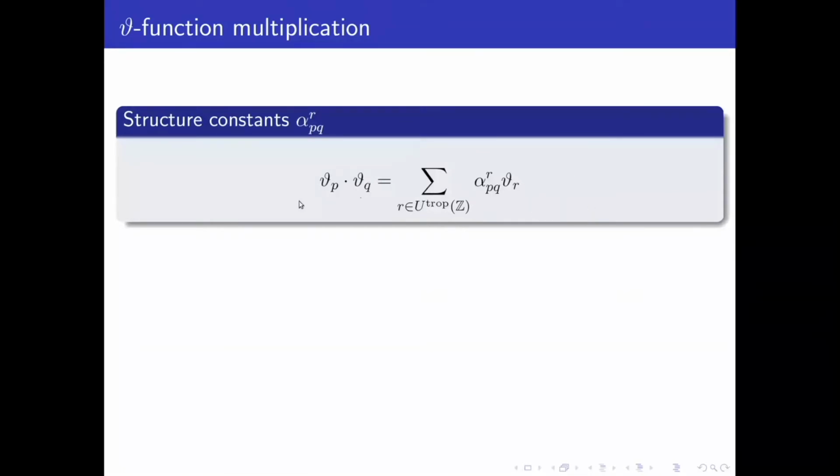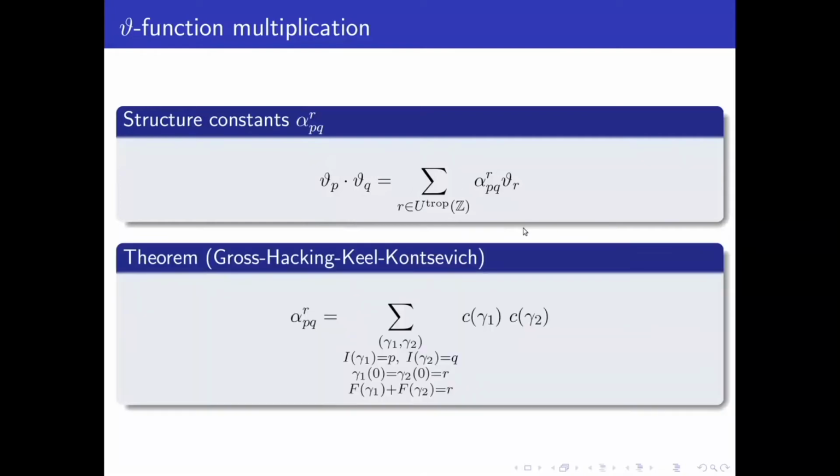So the thing that we're constructing had better be actually an algebra, not just a vector space. Well, there's a nice result of Gross-Hacking-Keel-Kontsevich that tells us exactly how to compute the structure constants alpha, p, q, r. And it's a very combinatorial rule. It looks a bit ugly at first, but it's not so bad after you parse it.